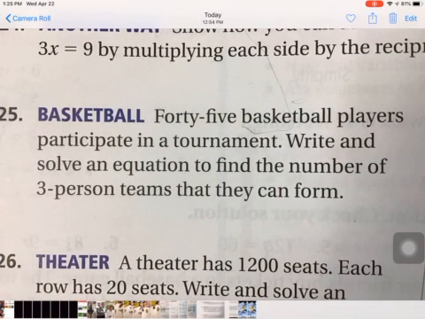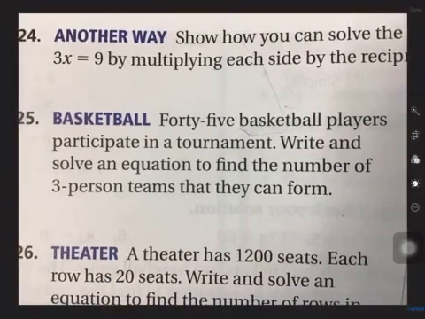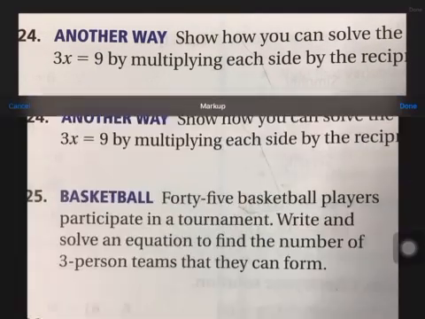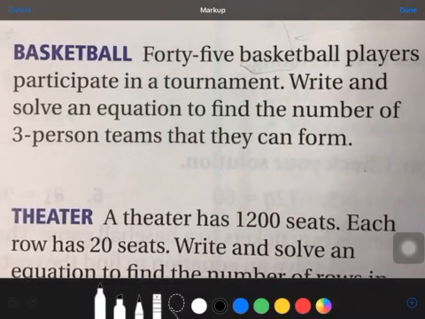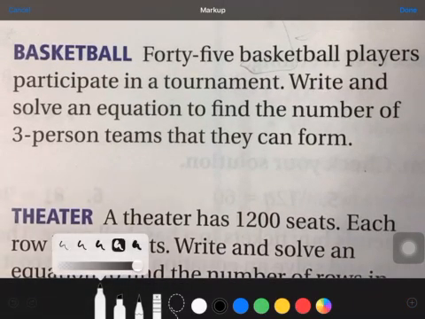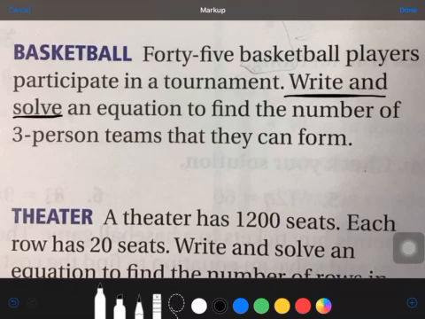Let's look at some word problems. Let's see, 45 basketball players participate in a tournament. Write and solve an equation to find the number of 3-person teams they can form.